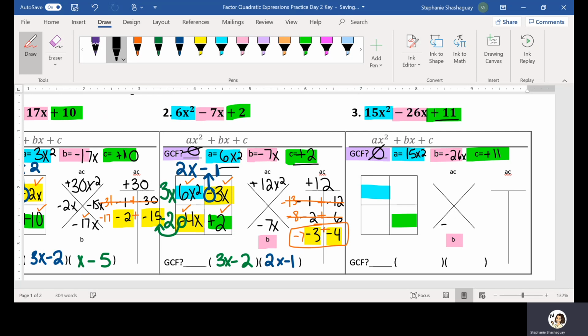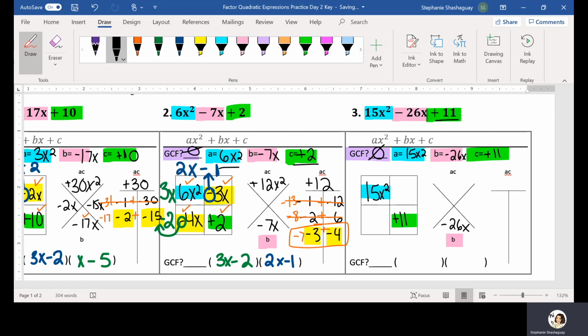I can fill in my negative 26x into the bottom of my x puzzle. And in the top left-hand corner, I'm going to use 15x squared. And in the bottom right-hand corner, I'm going to put my C term, which is a positive 11.